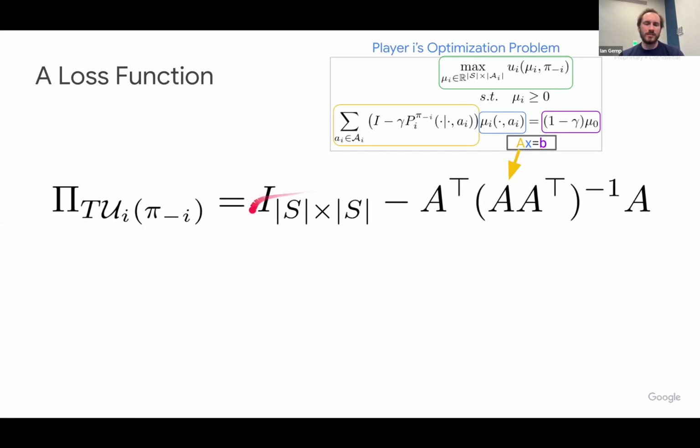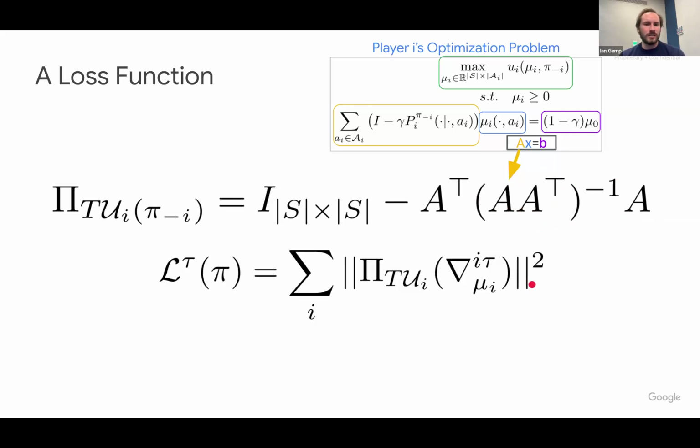And so you just take your identity matrix here. A is this matrix in yellow. And then you need to be able to invert A transpose. We prove that this is always invertible if gamma is strictly less than 1. And also all of this is differentiable as well.